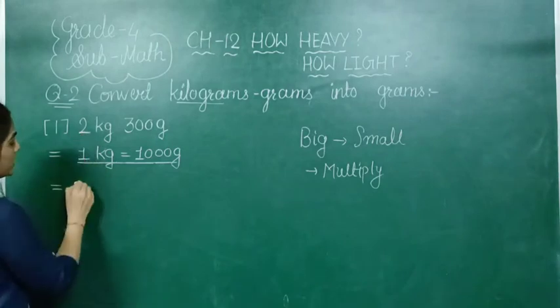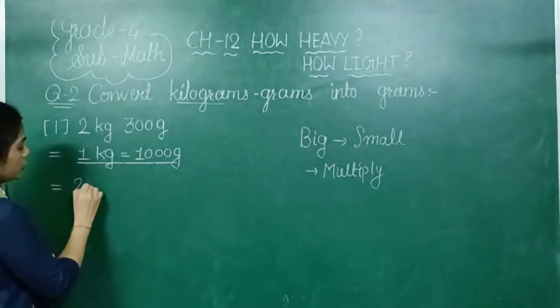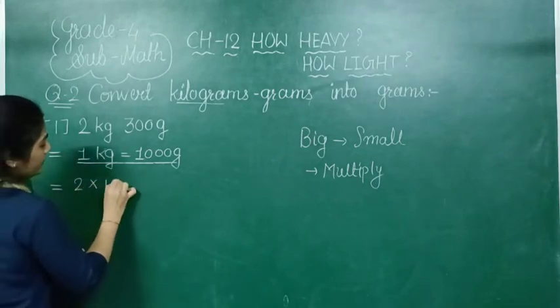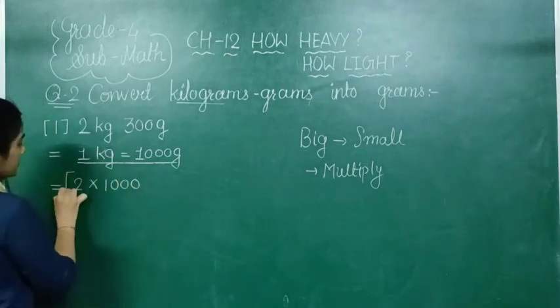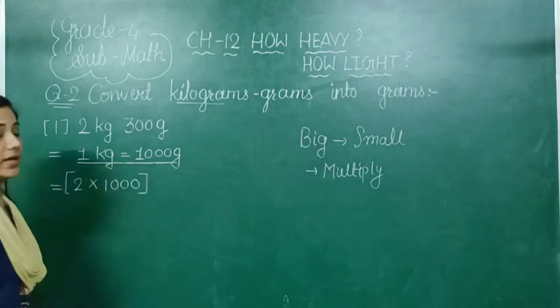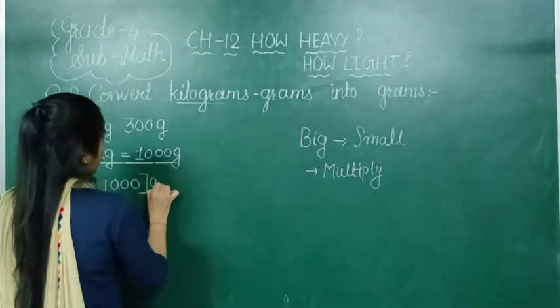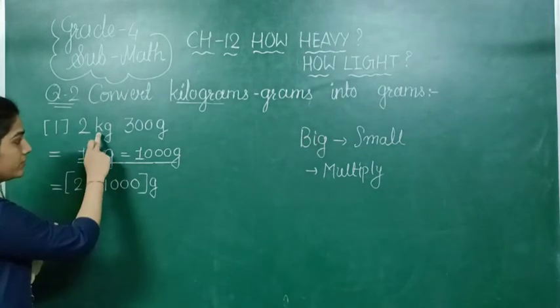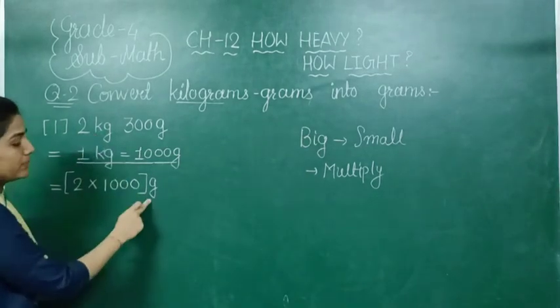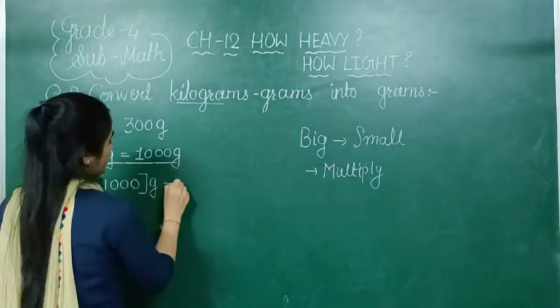Suppose this 2 is given in kg. So how we will do? 2 multiply 1000. We will mention this in bracket. We will remove this kg and we will put this gram unit.